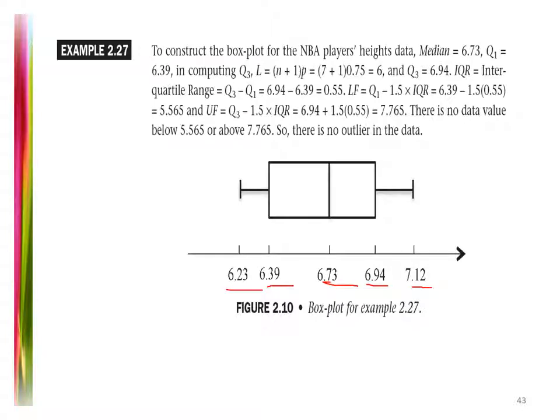If you calculate the lower fence and upper fence values, the upper fence is 7.765 and the lower fence is 5.565. In this case, the whole data lies within this interval, which means there are no outlier points. Hopefully everybody understands outlier identification.